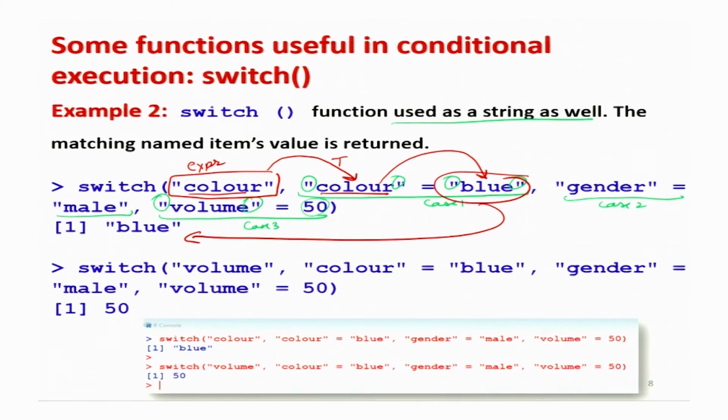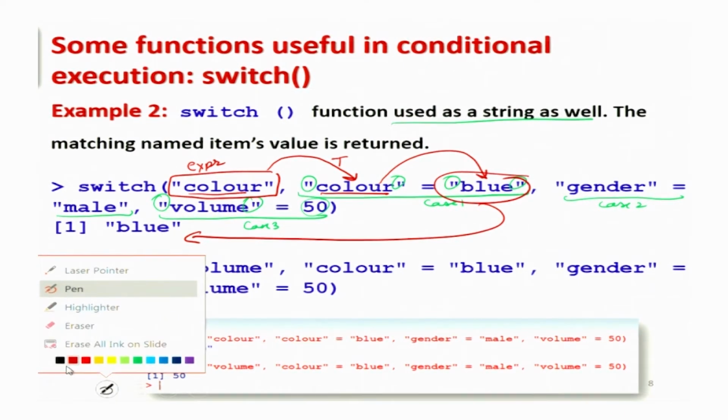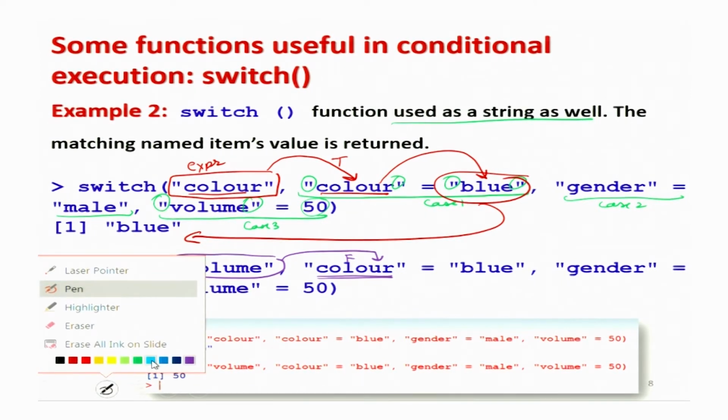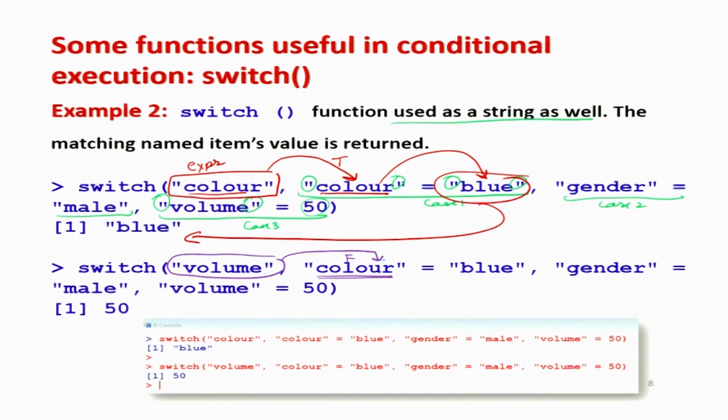Now as another example, if I repeat the same thing, but now I give the expression as volume. So what will happen now? This volume will start working. It comes to the first situation, and it finds that volume is not matching with this color, so it becomes false. Then it comes to the next case, and it tries to match this volume with gender.